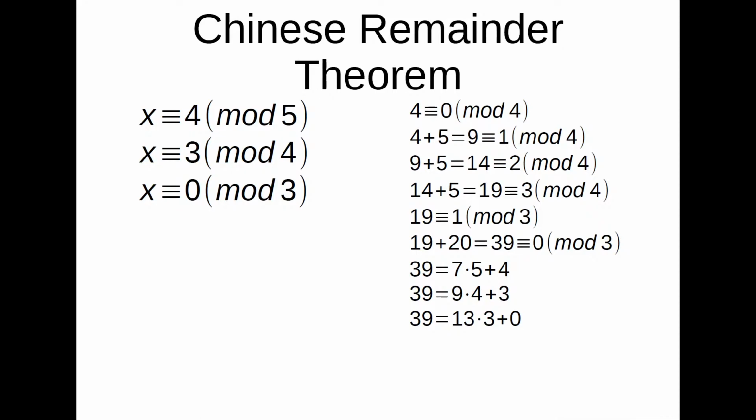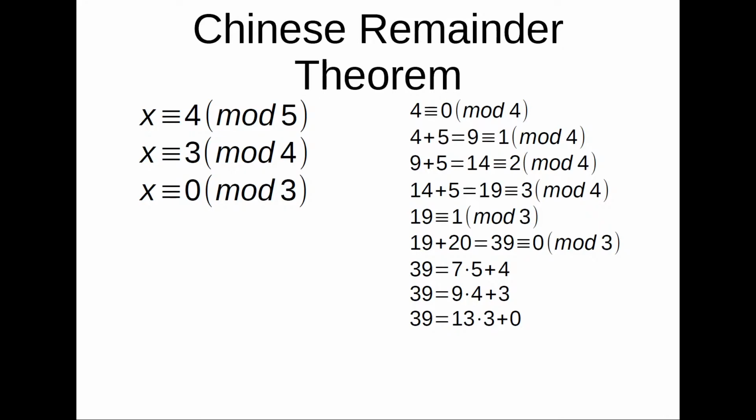How do we find the plaintext using the Chinese remainder theorem without knowing the private key? That's the whole thing you're solving for. X, in this example here, you can think of as the message that's encrypted, and 4 is one of the ciphertexts, 3 is another ciphertext, and 0 is another ciphertext.